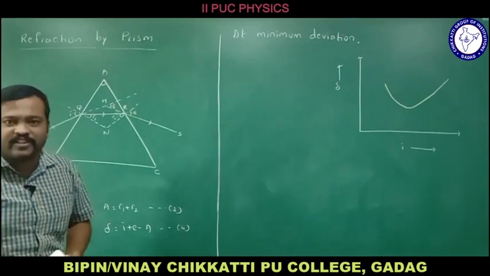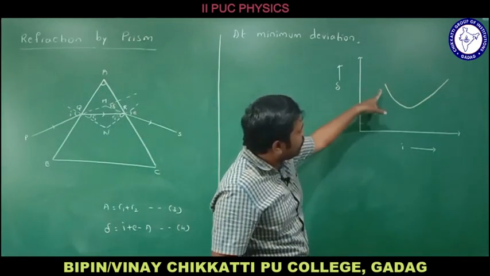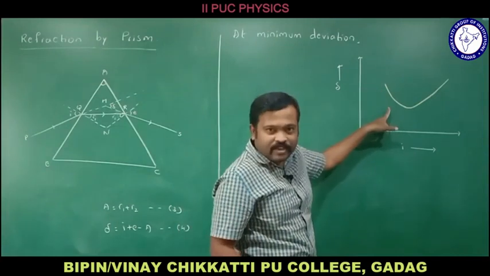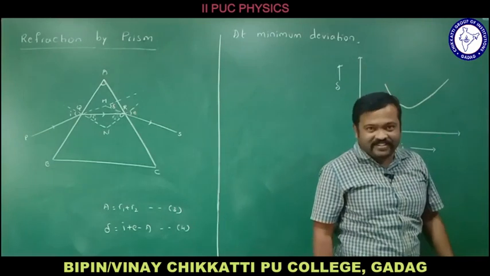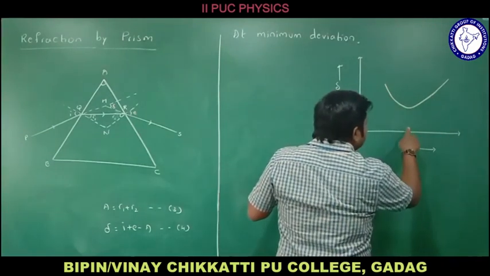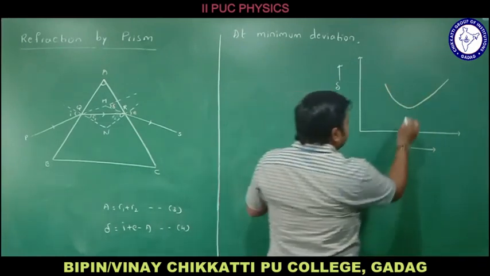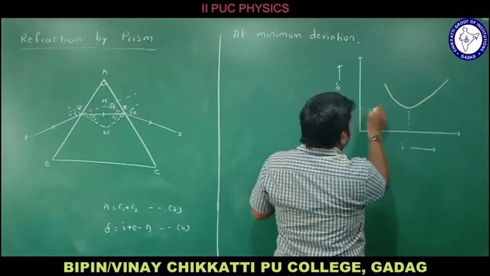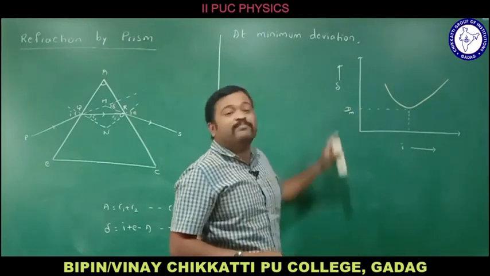It was observed that as angle of incidence increases, angle of deviation first decreases, and after a particular angle it again increases. At a single angle of incidence, the deviation is minimum. This is minimum, and let me call it the angle of minimum deviation.